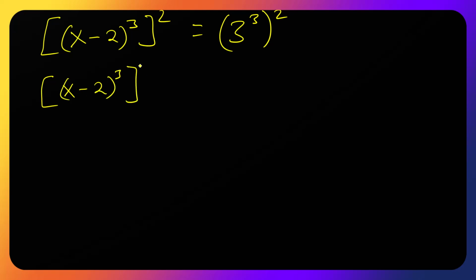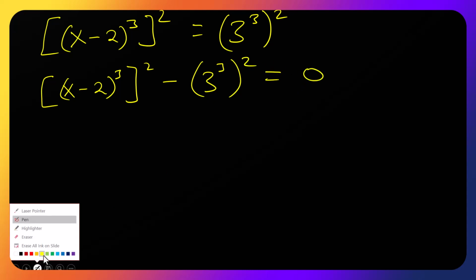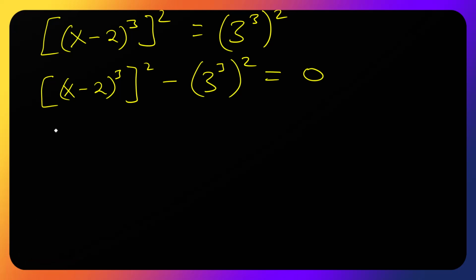Okay, so from here you can see (x minus 2) all squared minus (3 to the power of 3) all squared equals 0. Okay, so from here you can see this one is a, this one is b, equal to 0.